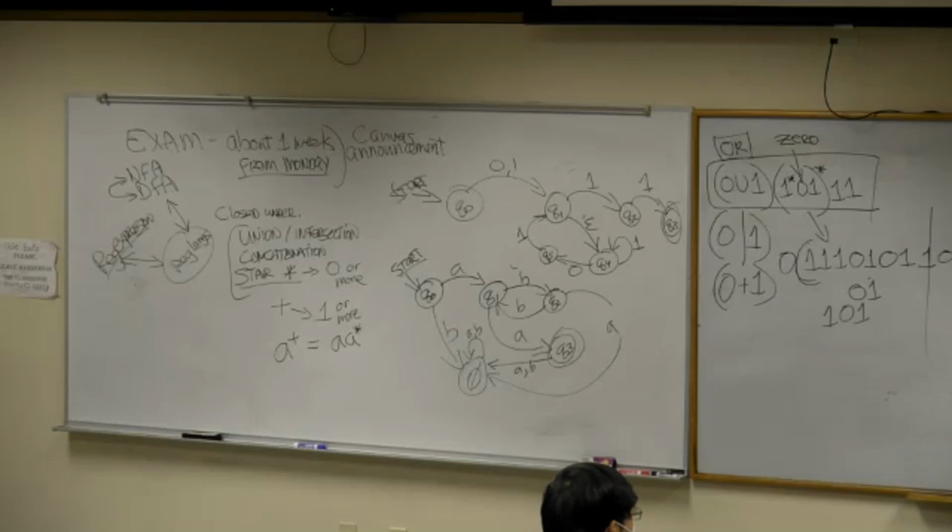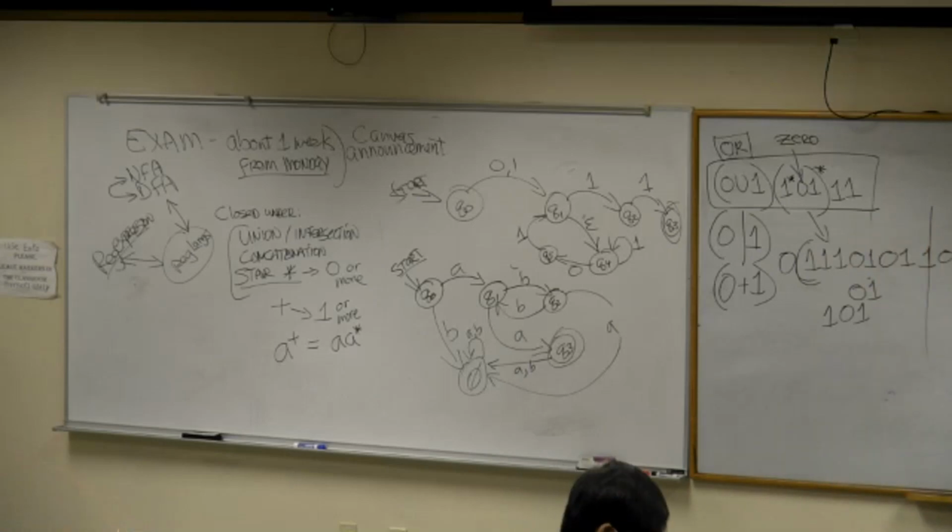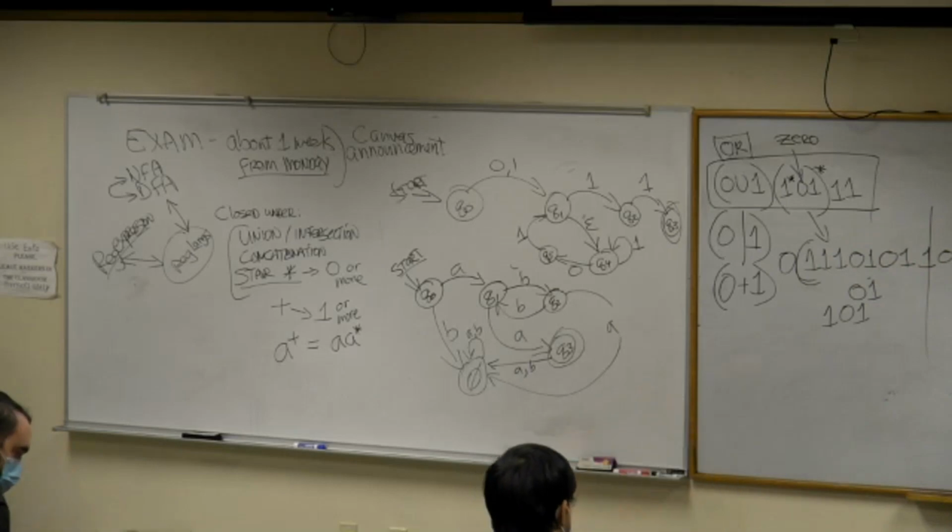All right, I think we'll stop there, and please attempt the reading. We are skipping up to page, so basically 67 to 76 is skipped. And then the pumping lemma.